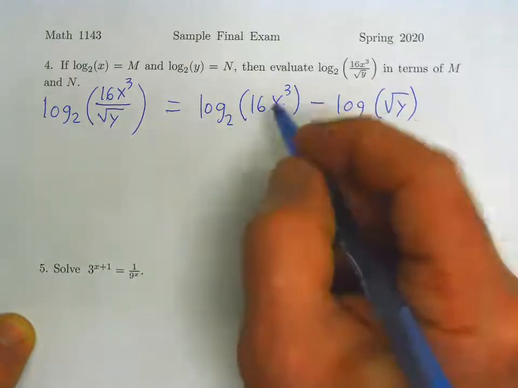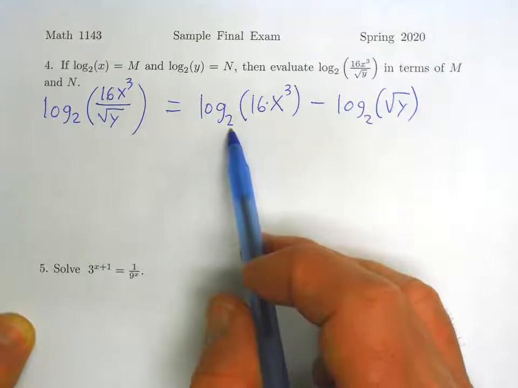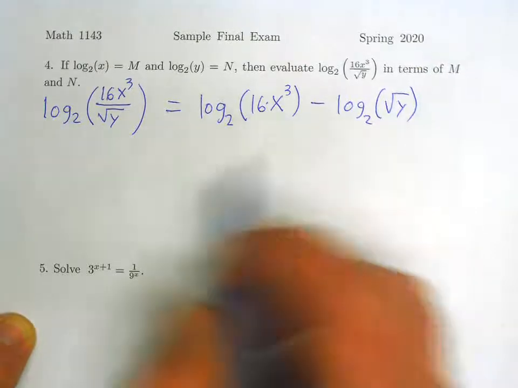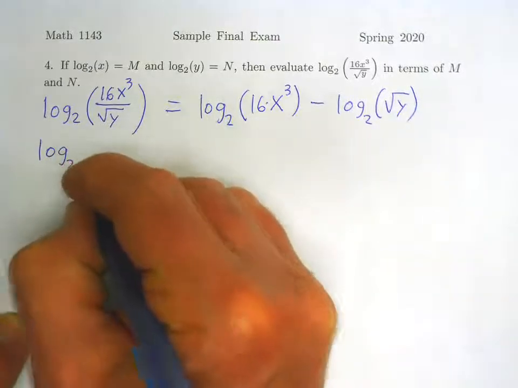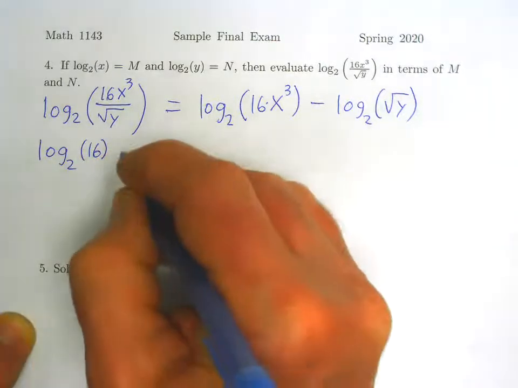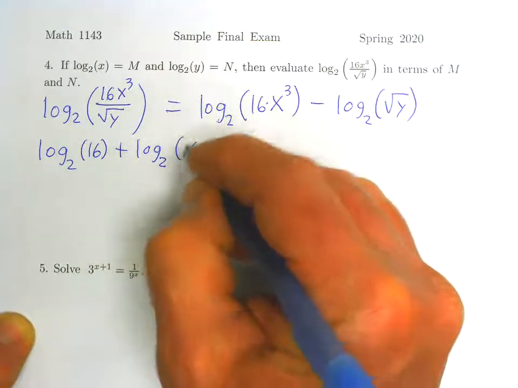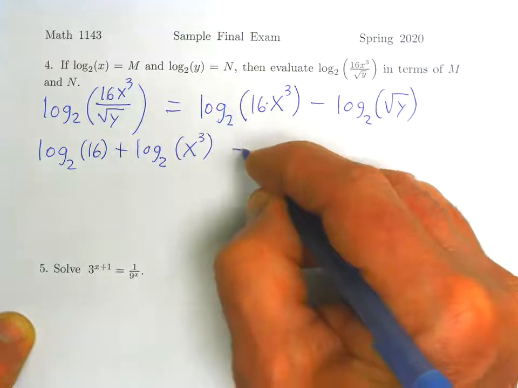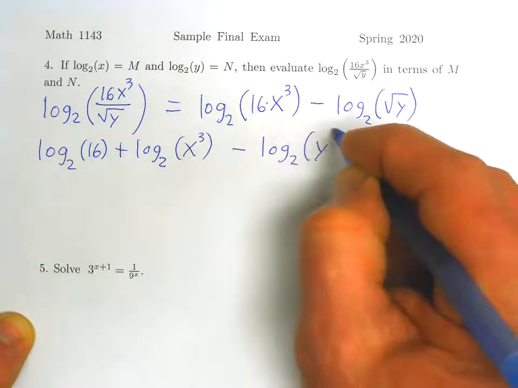Also in the next step, we'll write a sum of two base 2 logarithms because we have a product. So when we break apart this one, we get the base 2 logarithm of 16 plus the base 2 logarithm of x to the third, and then minus the base 2 logarithm of y to the 1/2.